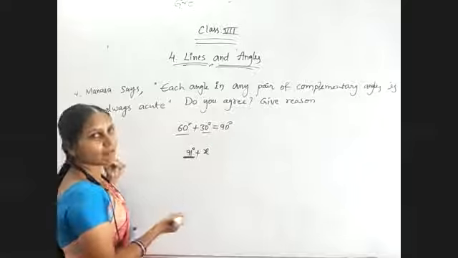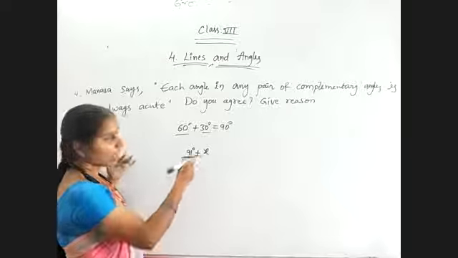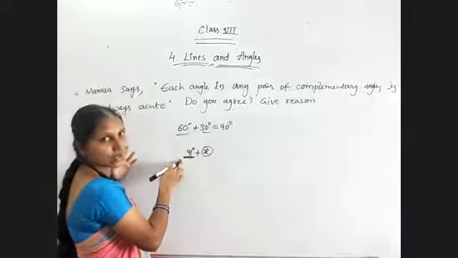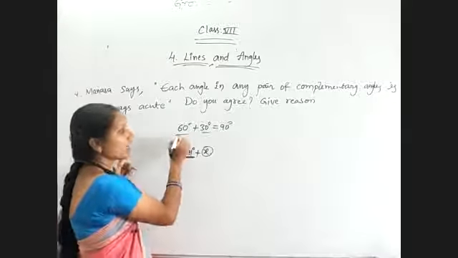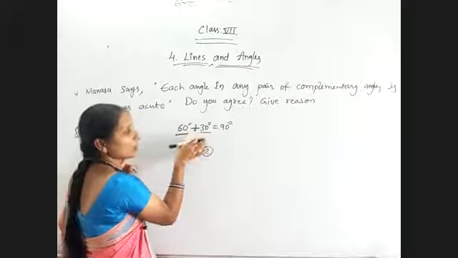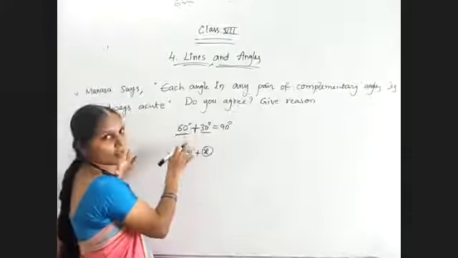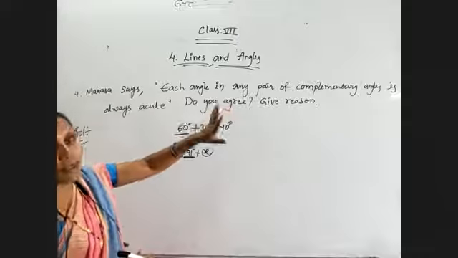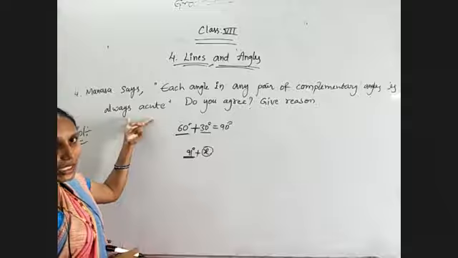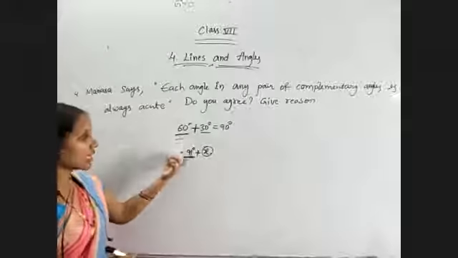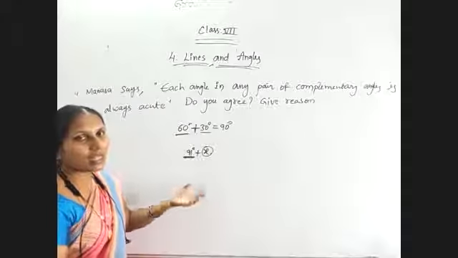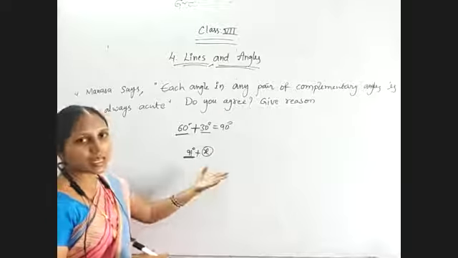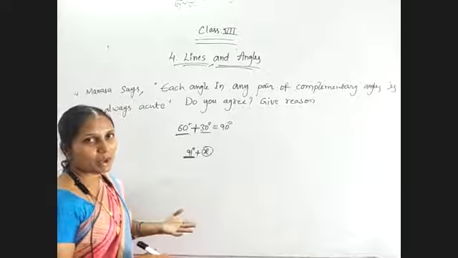An obtuse angle is itself more than 90 degrees, so we can't take another angle with it. Understand? So in a pair of complementary angles, those two angles are always acute angles only. So what Manasa says, that each angle in any pair of complementary angles is always acute, is correct. Why? Because if we take any one angle more than 90, the sum is more than 90. If we take one obtuse angle, the sum is greater than 90 degrees. So that cannot form a complementary pair.